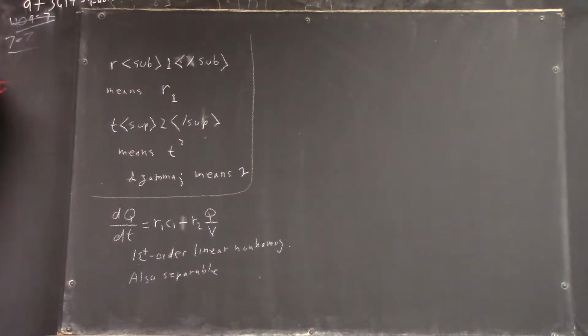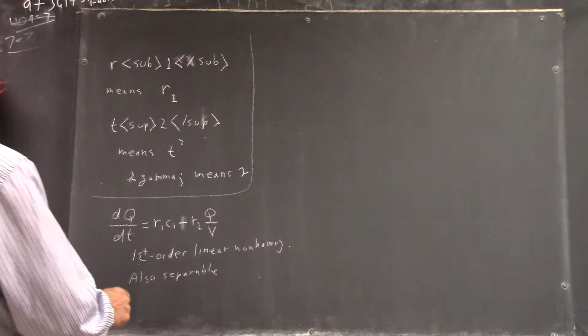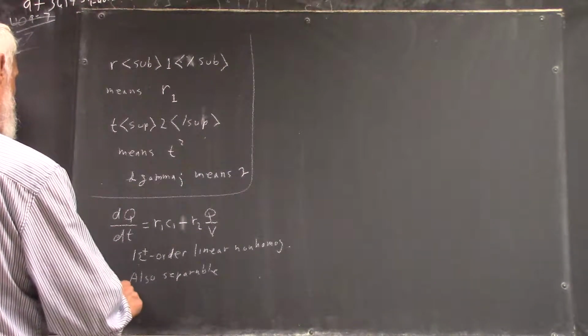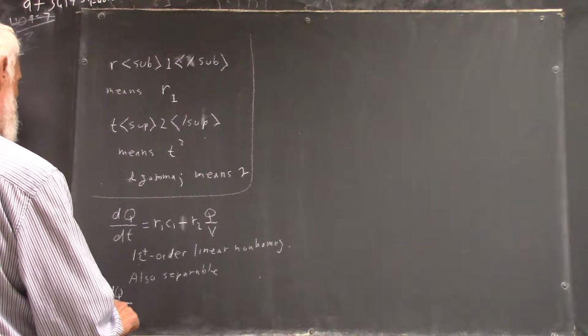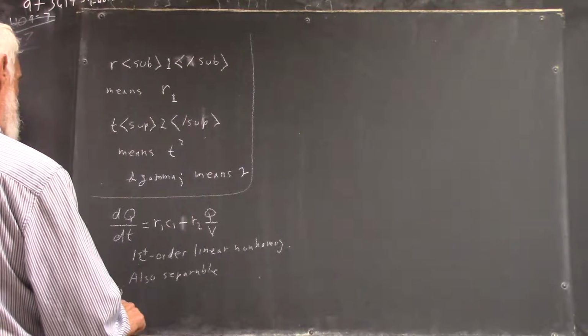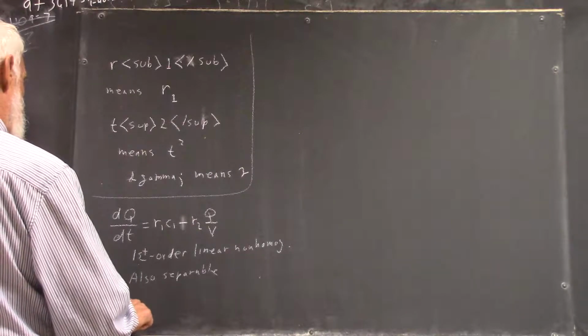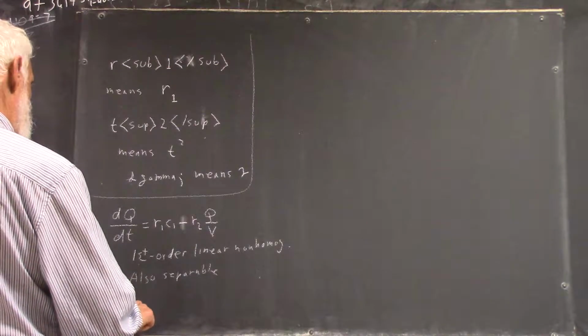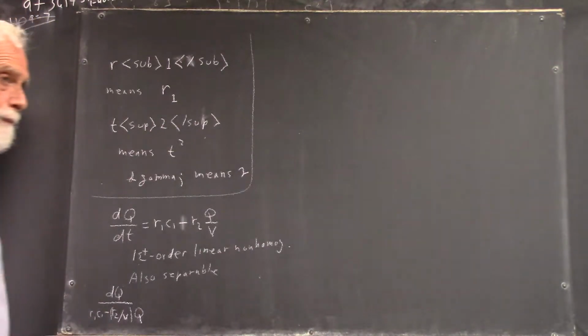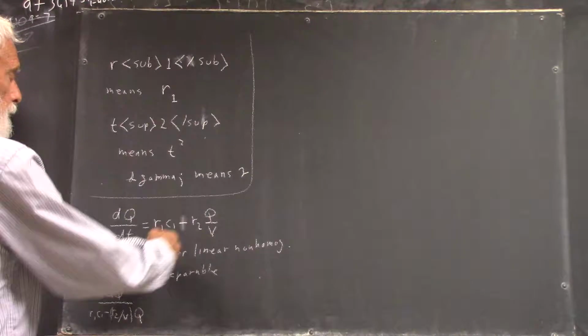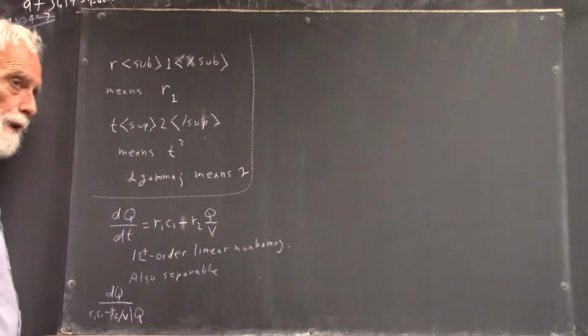So if we treat it as a separable equation, we're going to write this as dQ over R1C1 minus R2, and I'll write it as R2 over V times Q. So it's just a constant times Q, and it doesn't look as much like you've got a denominator.